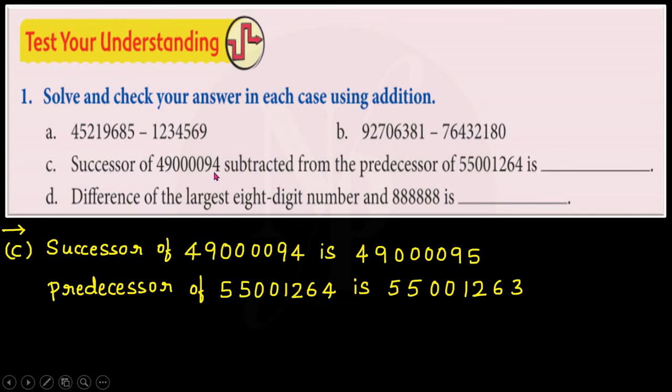So according to the question, we have to subtract the successor of 4 crore 90 lakh 94, that is 4 crore 90 lakh 95, from the predecessor of 5 crore 50 lakh 1264, that is 5 crore 50 lakh 1263.